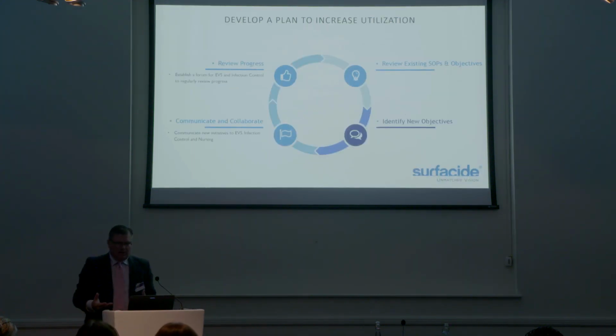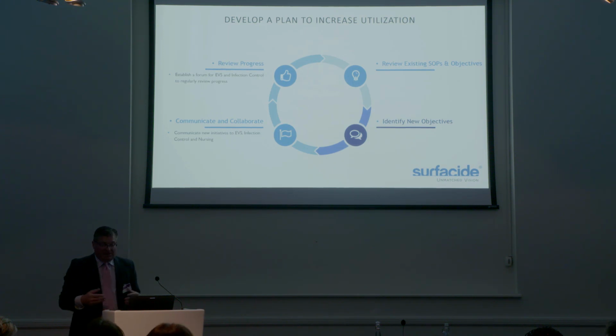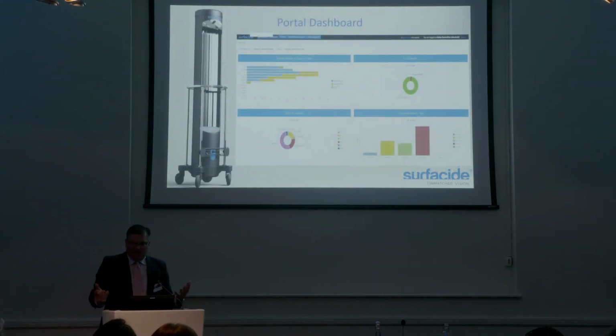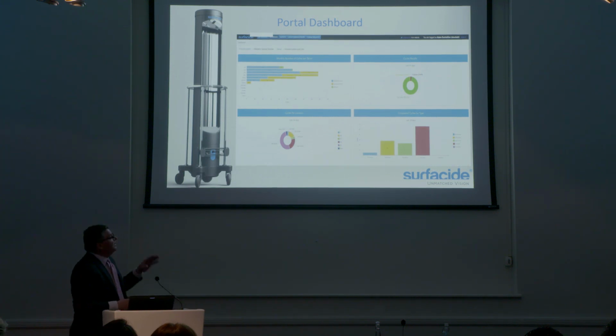So what we are really doing is creating objectives, identifying our next objectives, tracking those, communicating and collaborating together to make sure we're doing the right things, and then reviewing our progress.